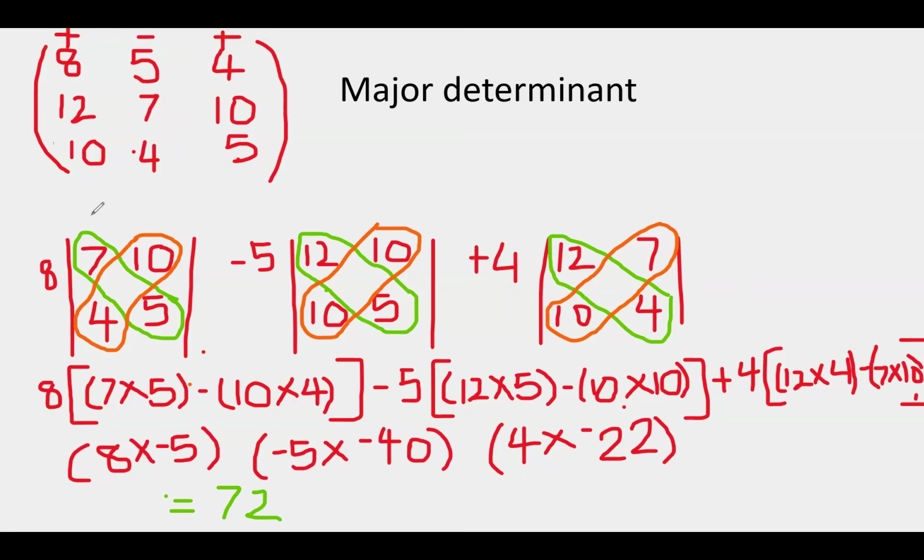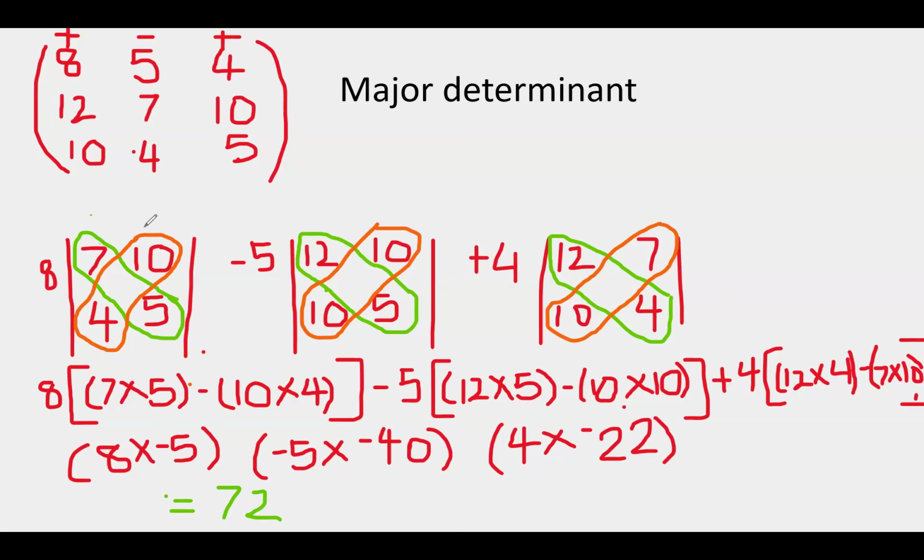So once we're able to derive our 3 2 by 2 matrices from our bigger 3 by 3 matrix, we're able now to find the major determinant, because from a 2 by 2 matrix, we are able to attain determinants, like I explained earlier. If you subtract the minor from the major, you're able to get the determinant for the different matrix.